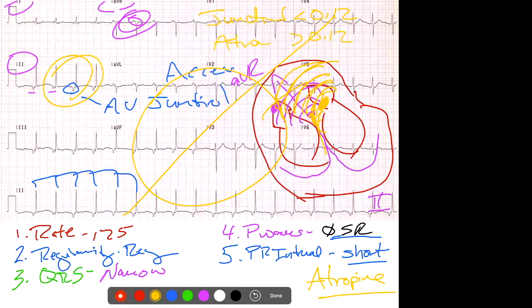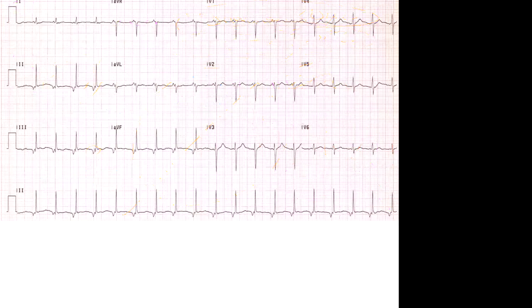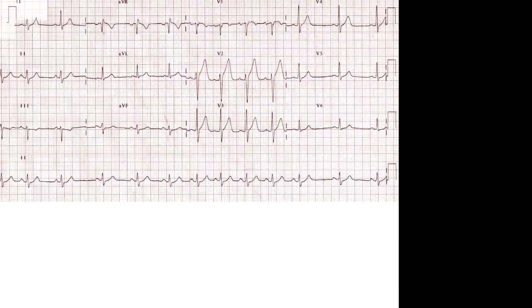So is the PR interval greater than 3 small blocks here? No, it's hardly a single block, so that falls into the category of most likely a junctional ectopic. Did I clarify? Thank you. Okay. Next one.